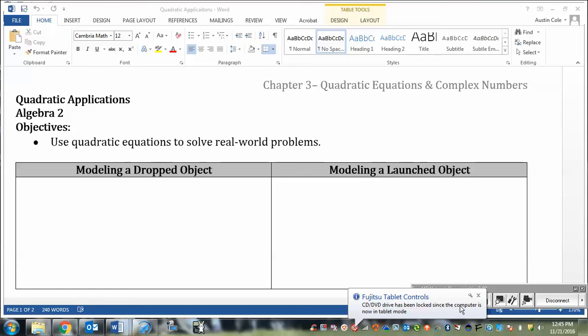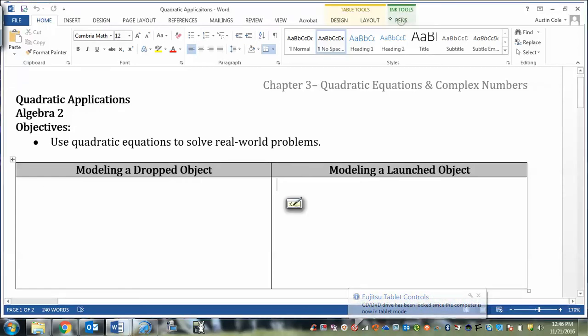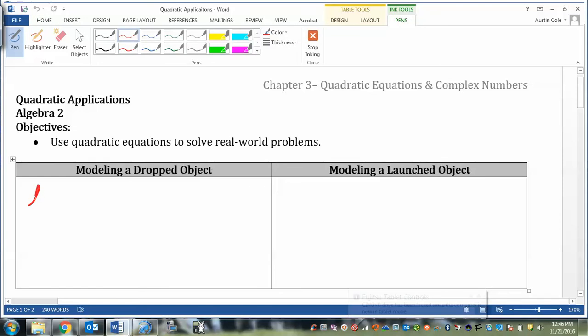So if something is being dropped, then the height of that particular object is going to be negative 16t squared plus h naught. Is anyone taking physics here? Okay, I'm sure you guys talk about this in class, so I might teach it a little bit different.